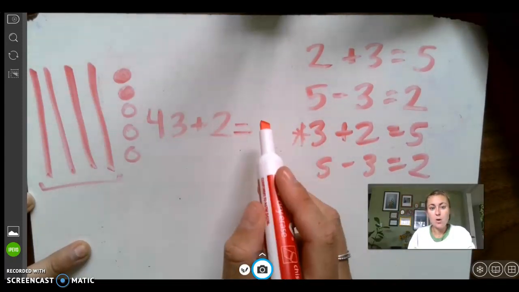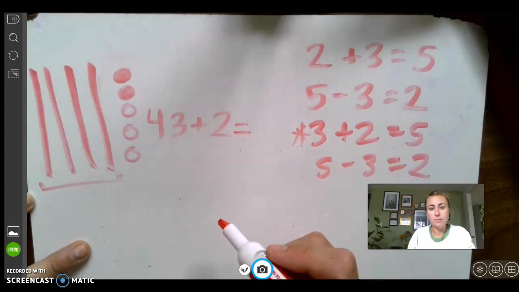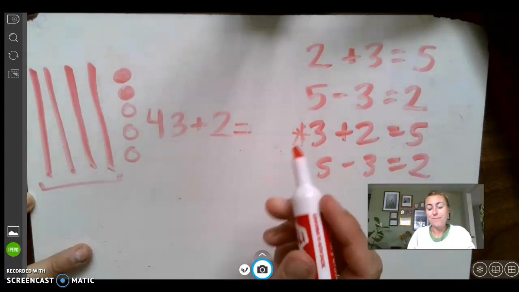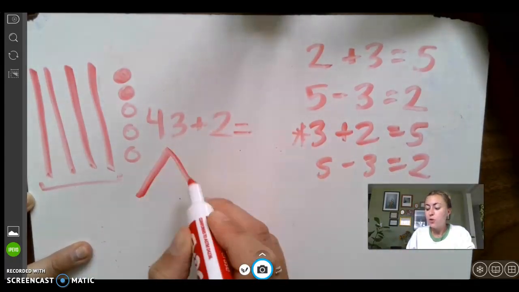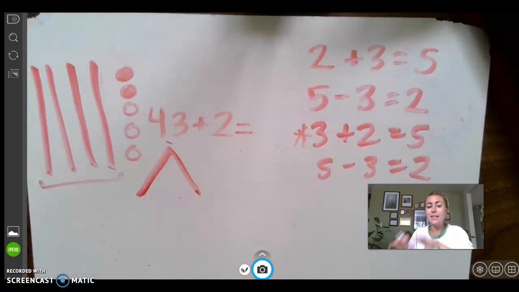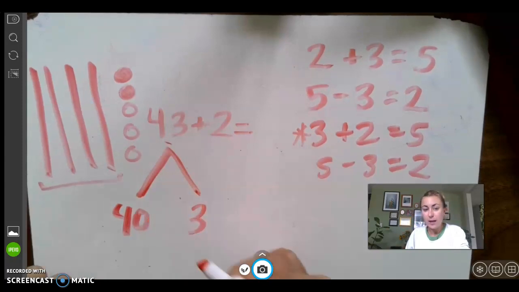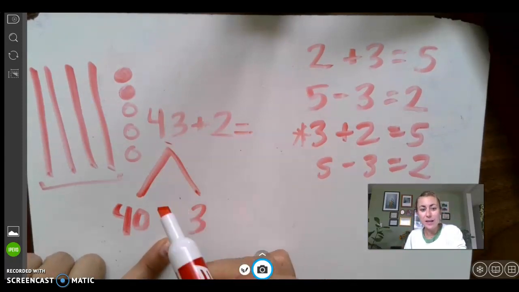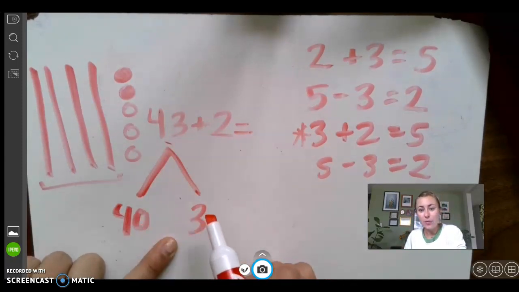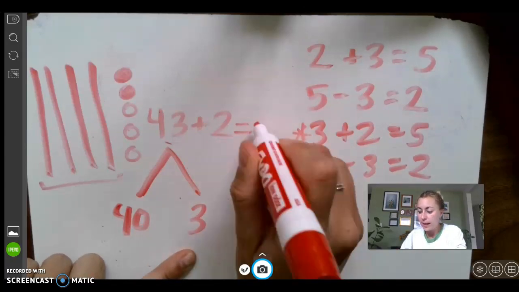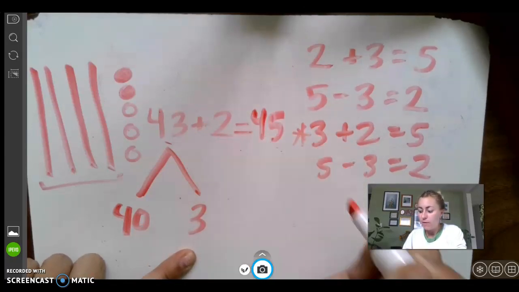What do you think my big whole is going to be? If you took 43 and decomposed it into 40 and 3, then you could see easily that 40 and 3 and 2 is the same as 45.